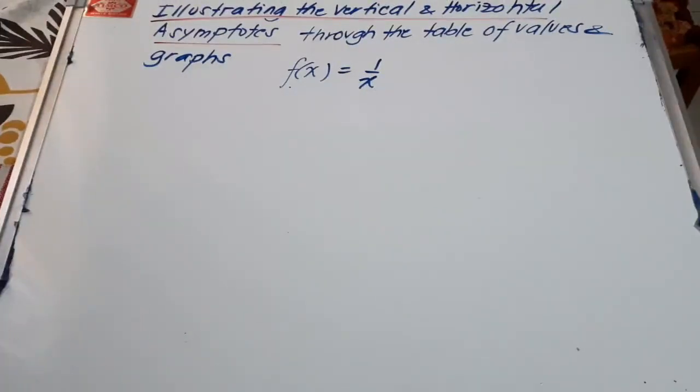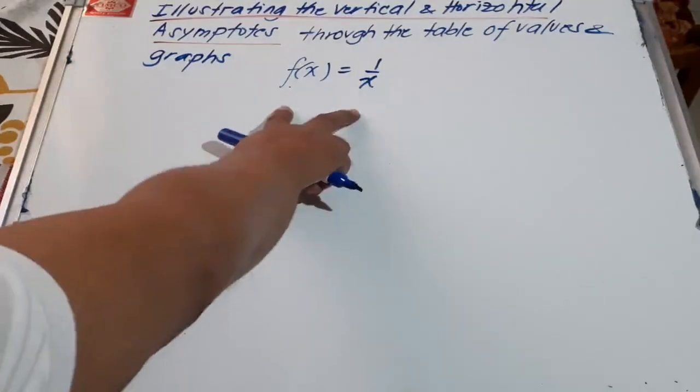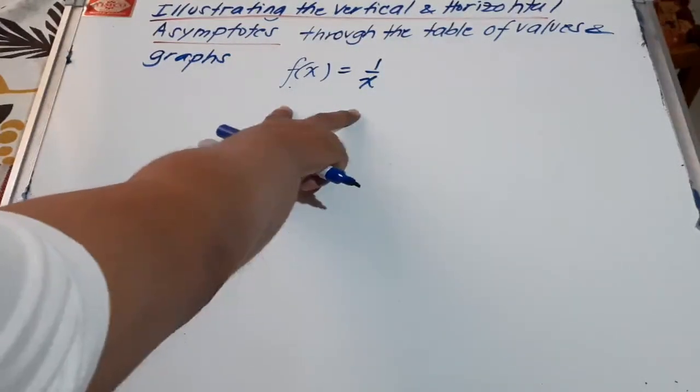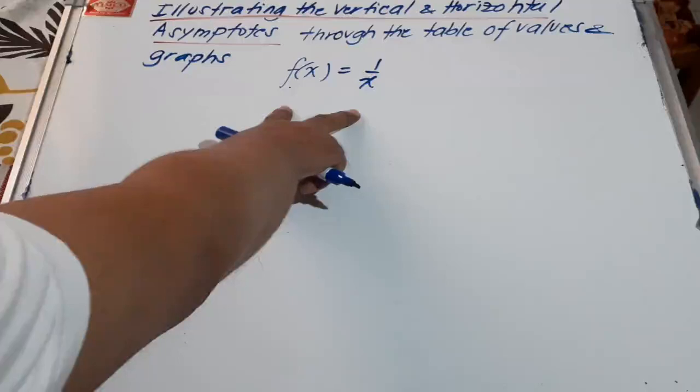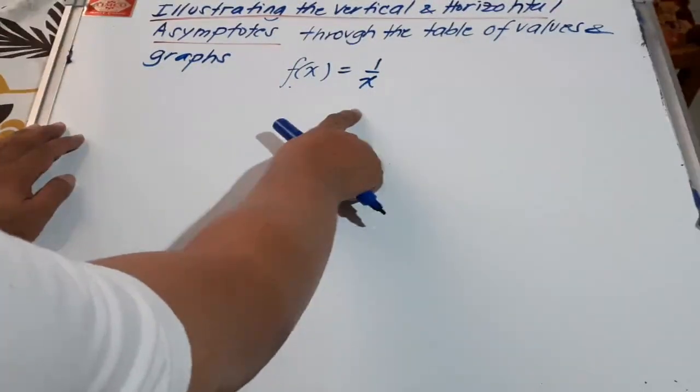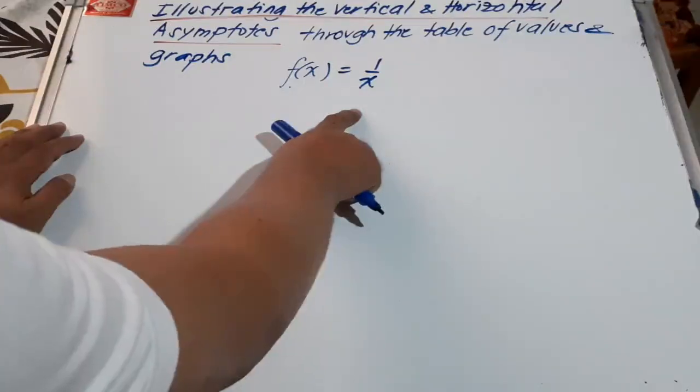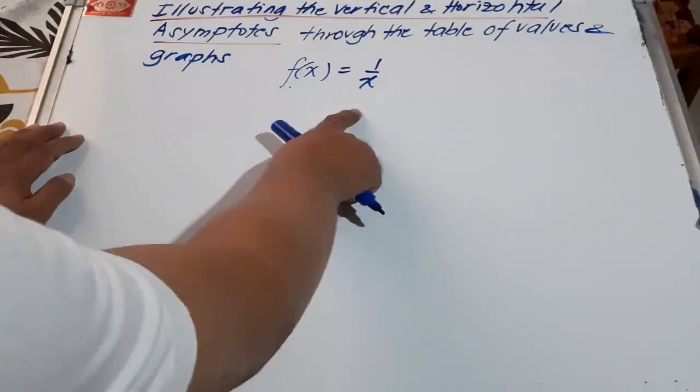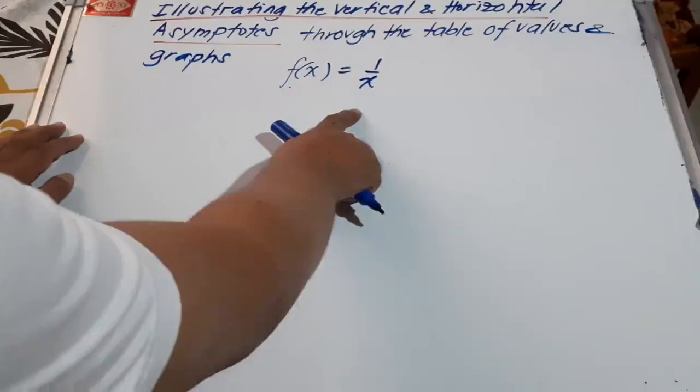So ano ba yung restriction nito ng ating f of x or function na to? The restriction is x should not be equal to 0 because if that happens, we have undefined yung ating rational function.